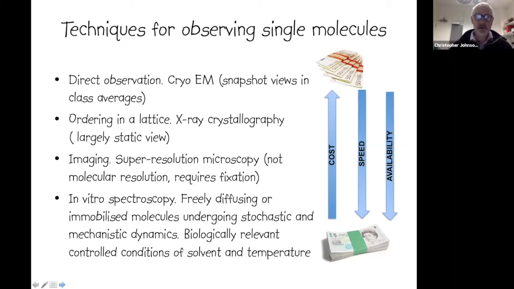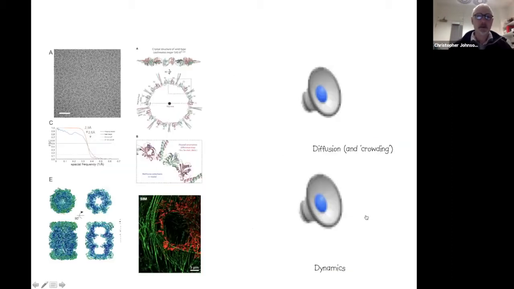The other advantage of in vitro spectroscopy is it tends to be a lot cheaper to initiate in a lab than these other techniques, and there seems to be a very strong inverse correlation between the cost of these techniques and their general availability and the speed of data acquisition that you can perform.